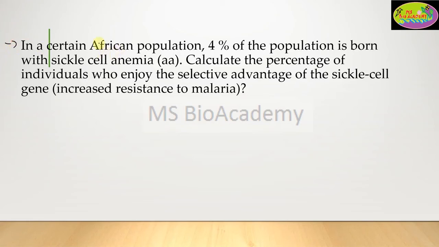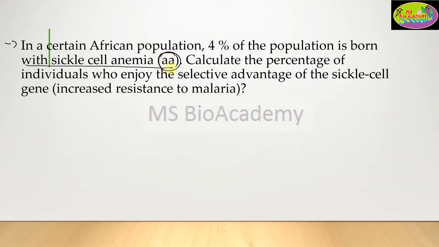Now this one is a little bit tricky, so just focus on this. It says that in a certain African population, 4% of the population is born with sickle cell anemia. Now you know that sickle cell anemia is a homozygous recessive disease. It will only be expressed when it is present in the homozygous recessive form.